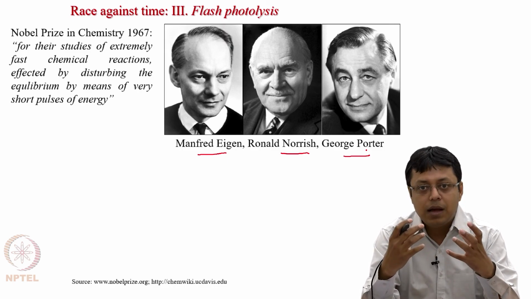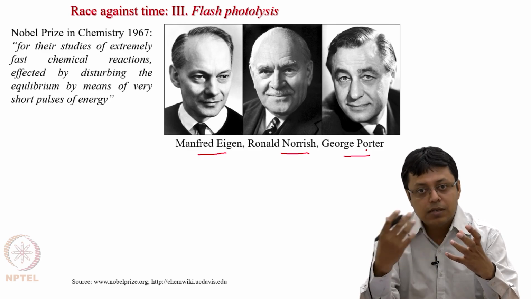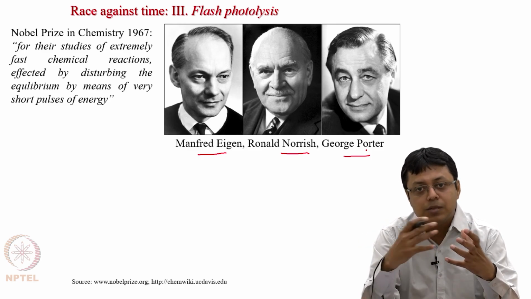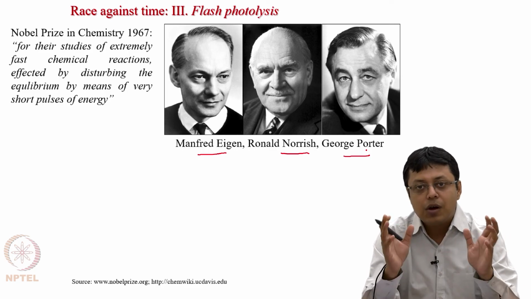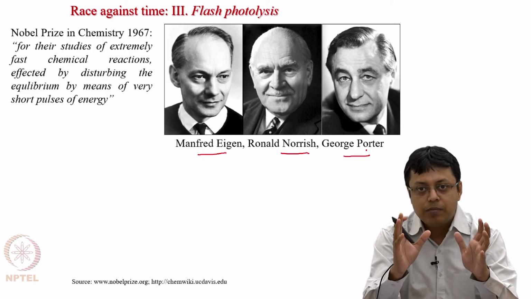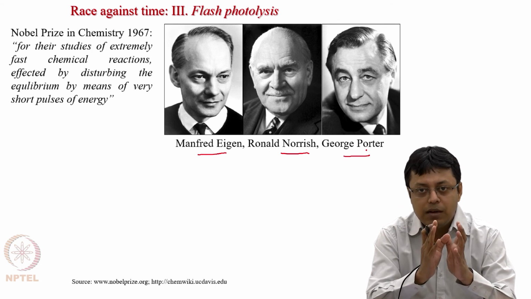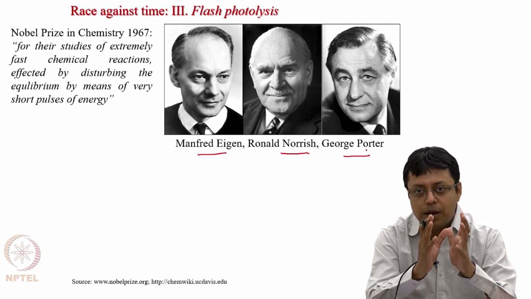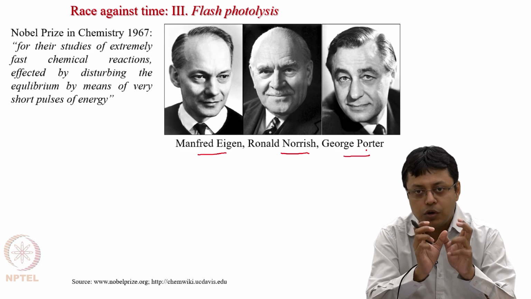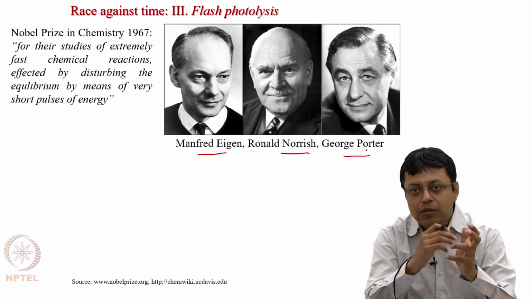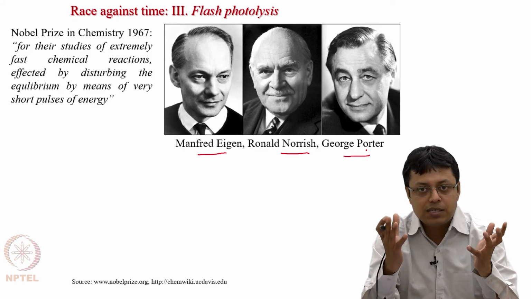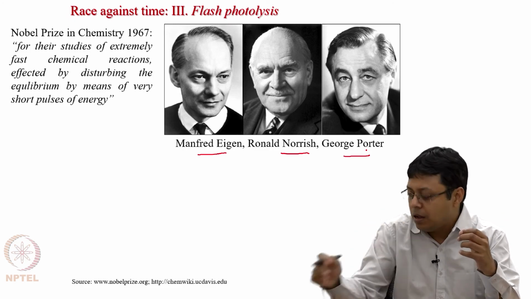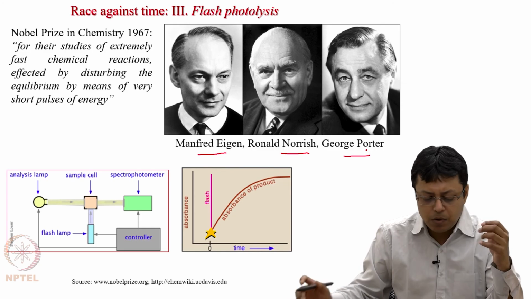I am not doing this with continuous light, because if I continuously expose the sample, the reaction will be over during the exposure. So I want to initiate the reaction with a very short pulse of light, so short that the reaction does not proceed within the duration of the flash. It just initiates the reaction, and then subsequently you observe the product.